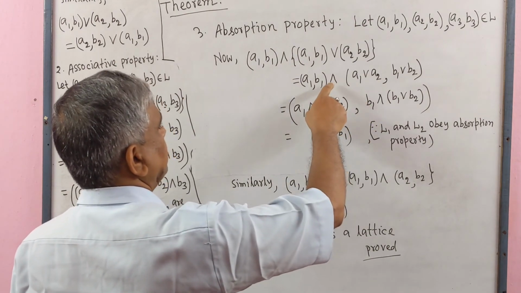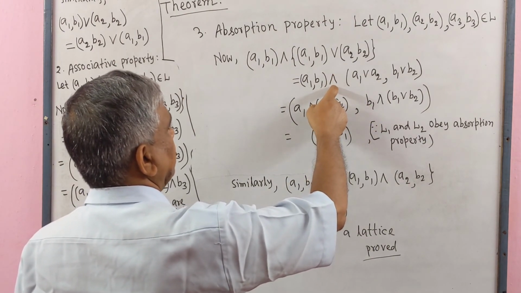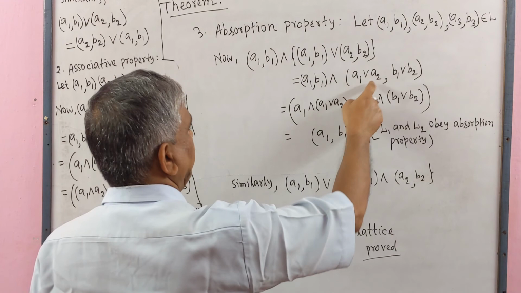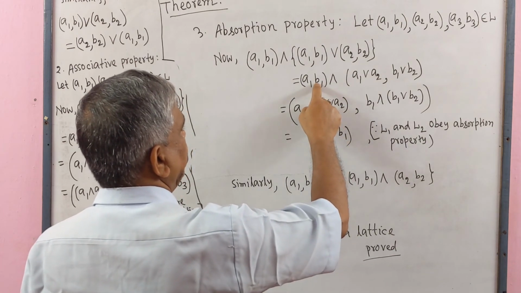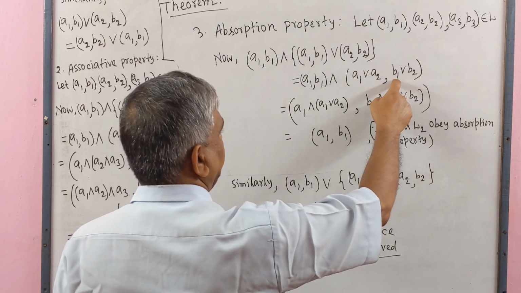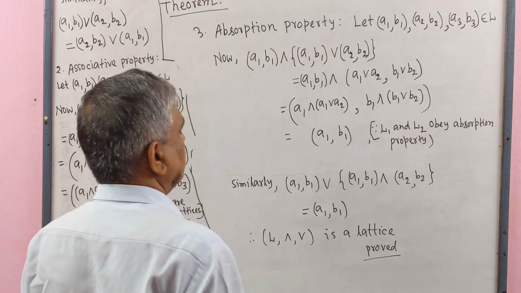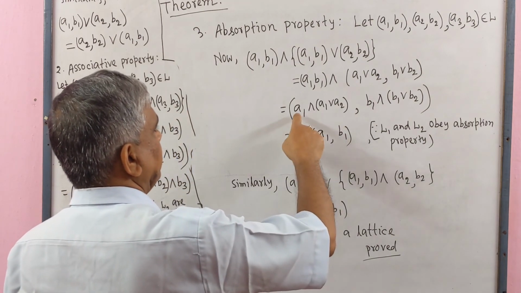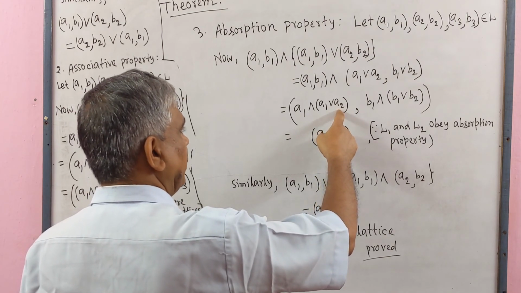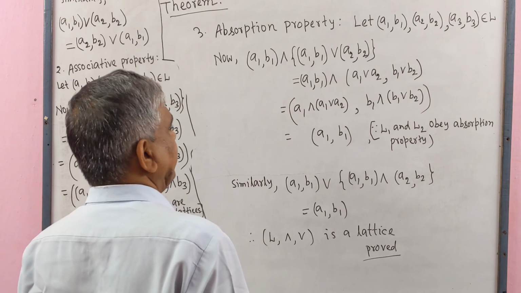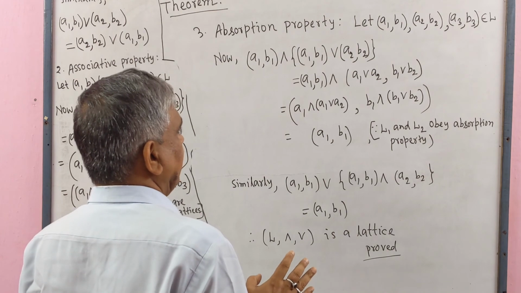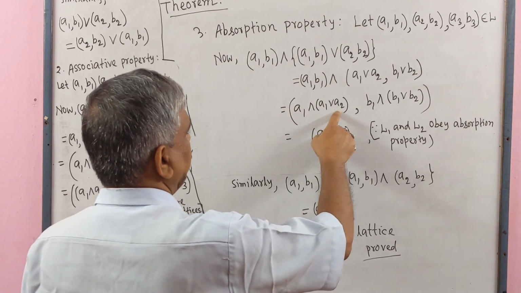Now we use the operation meet: (A1 meet (A1 join A2), B1 meet (B1 join B2)). Here we see that A1, A2 belong to L1 and L1 is a lattice and obeys the absorption property. So this will be equal to A1.